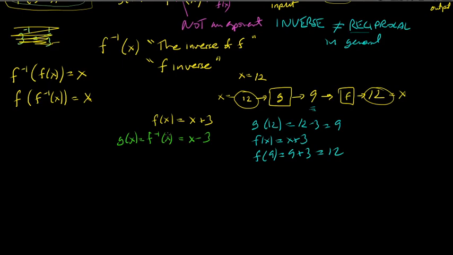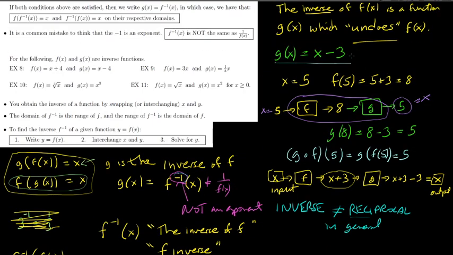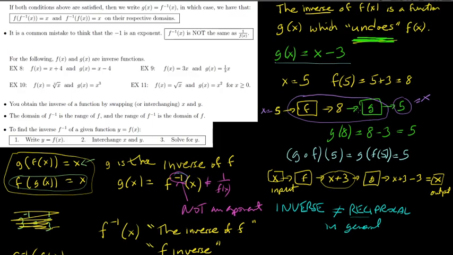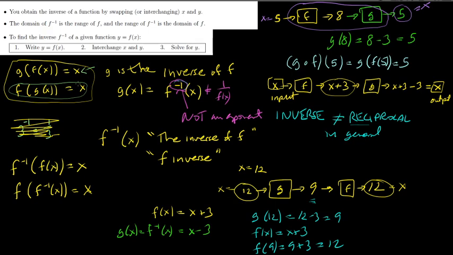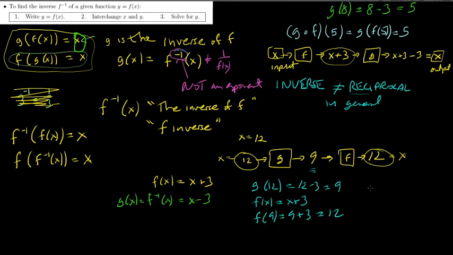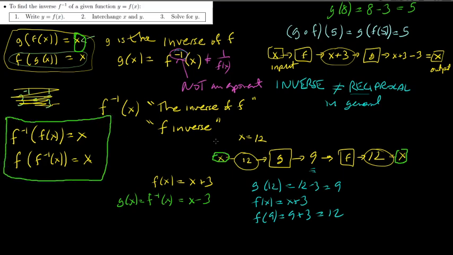So the inverse just undoes the original function. I know that's not very precise. We'll make it a little more precise later, but that's the idea. It undoes the original function. It just gives you back your original x, whatever x was, whether x was 5, or in this case, x is 12. You just get back the original x that you started with. So that's what these tell us here.